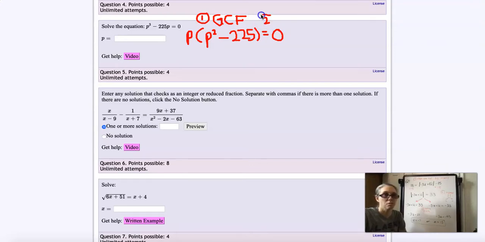Okay, step 2 is you want to factor completely, okay? So once you've pulled out your GCF, now you're going to factor. How do we factor p squared minus 225? P squared minus 225 is a difference of squares. Remember, if you have a squared minus b squared, a squared minus b squared is called the difference of squares, and it factors into a plus b times a minus b.